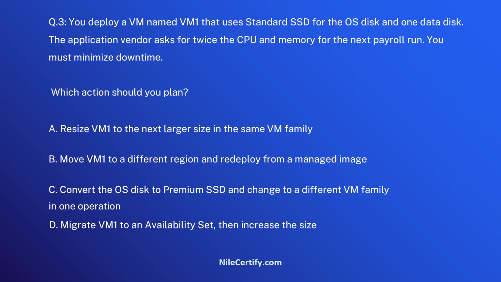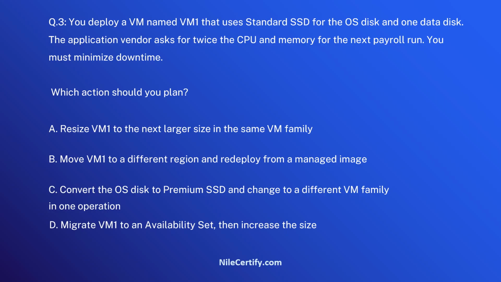Option C, convert the operating system disk to premium SSD and change to a different VM family in one operation. Here, two things to notice. First, changing disk type and changing VM family are separate operations with different constraints. Second, switching VM family often requires deallocation and host reallocation, which increases downtime risk.